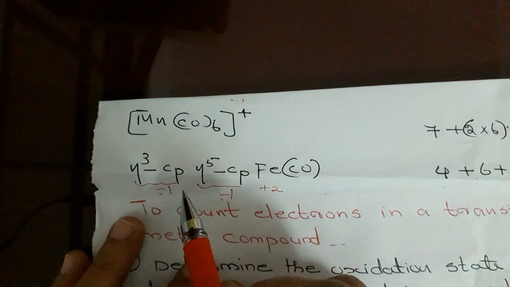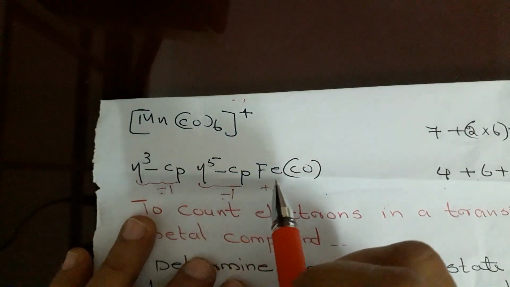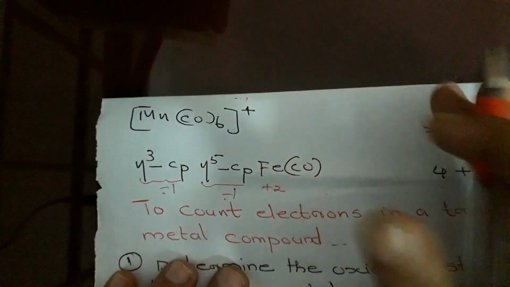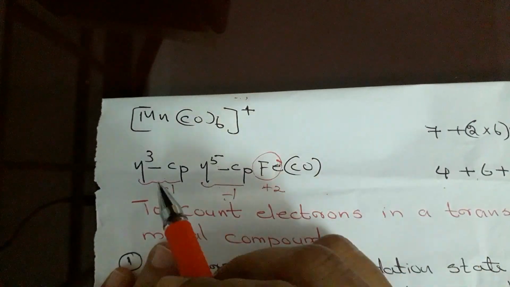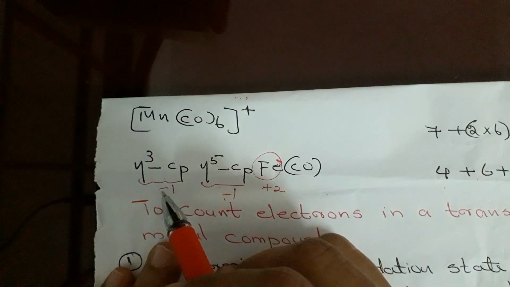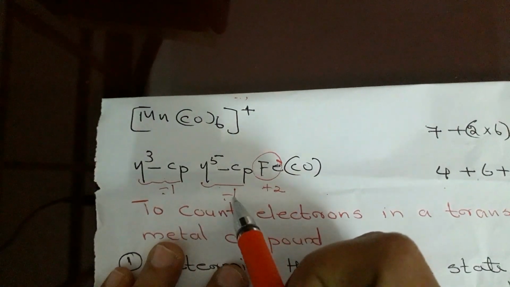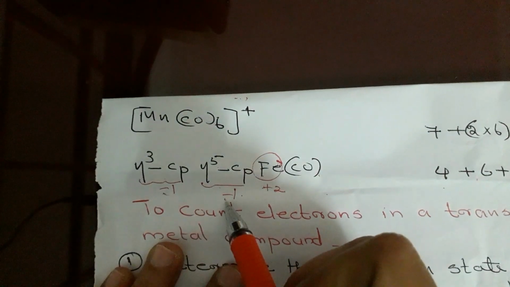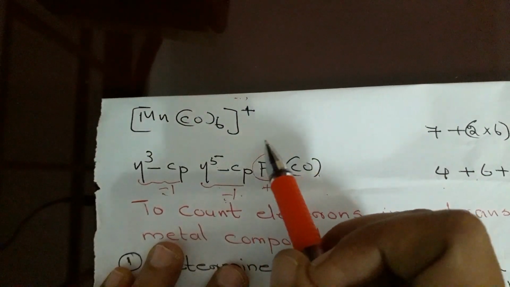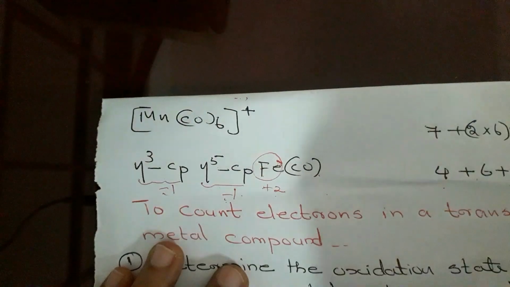Here see, eta 3 Cp, eta 5 Cp Fe CO. First you find out the oxidation state of this metal. Eta 3 Cp formal charge minus 1, eta 5 Cp minus 1, CO 0 charge, so minus 1 minus 1, minus 2. So the oxidation state of the metal is plus 2.